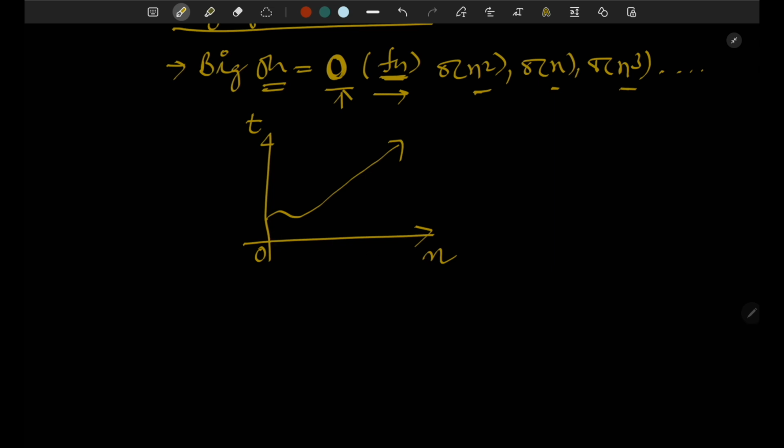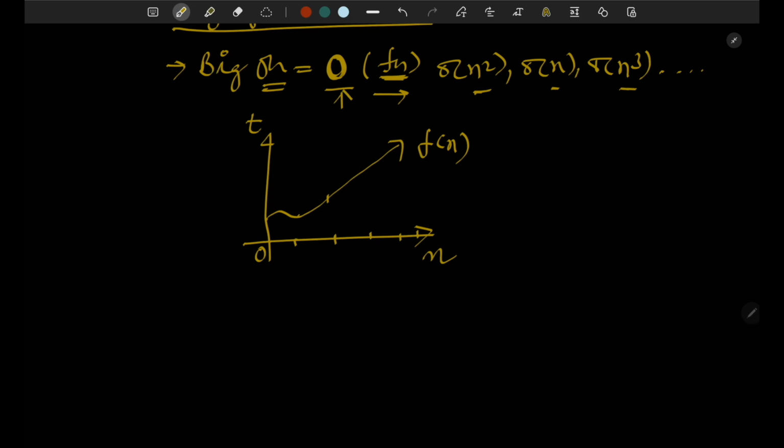So at 0 it's going to take certain time, and at this particular instance it's going to take certain time, at this particular instance it's going to take certain time to run, and so on and so forth.